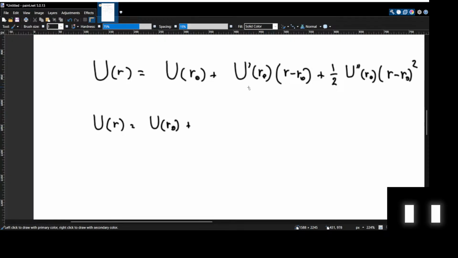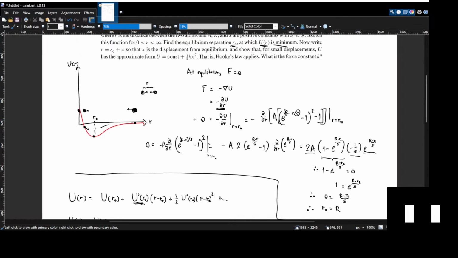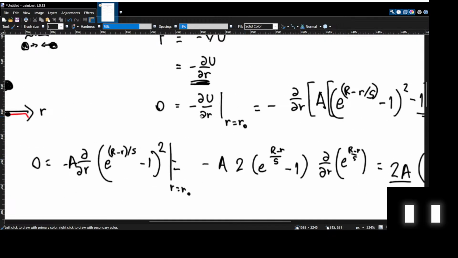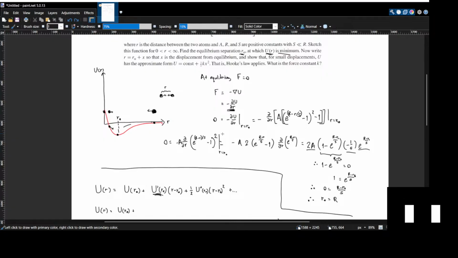We'll soon realize why. But here, U prime r naught, what is it? U prime r naught is basically the first derivative of U with respect to r, which before this we set to be equal to 0 at r naught, because it's at the point of equilibrium. If the particle is in equilibrium, it means that the net force acting on it is 0.